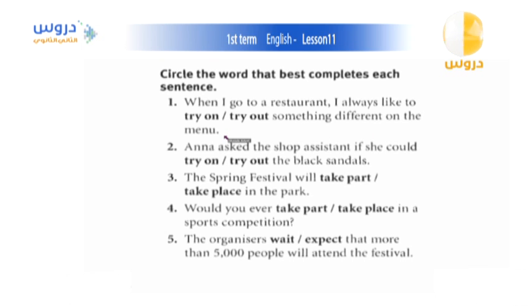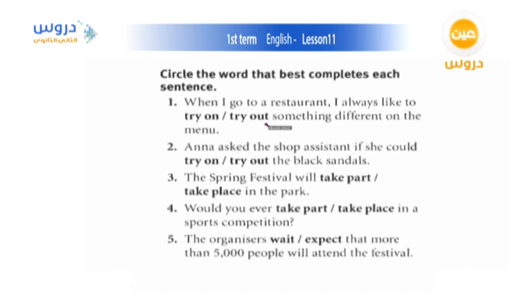So when you go to the restaurant, you always try something new. So it is confusing actually, try on or try out. These 2 words are confusing because the verb is the same, try, but the difference is here in the preposition, on or out. So what do you think?